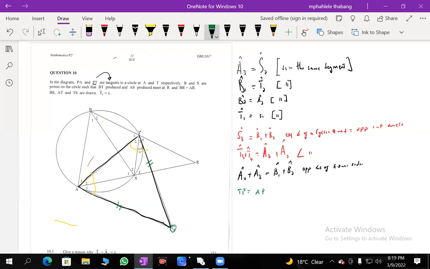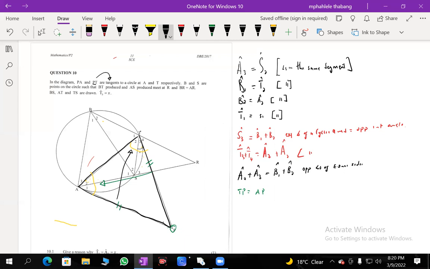Angle A1 plus angle A2 equals angle T2 plus angle T3. True, because angle A is opposite to our side TP, and angle T is opposite to our side AP. When sides are equal, we ask which angles are opposite to those sides.